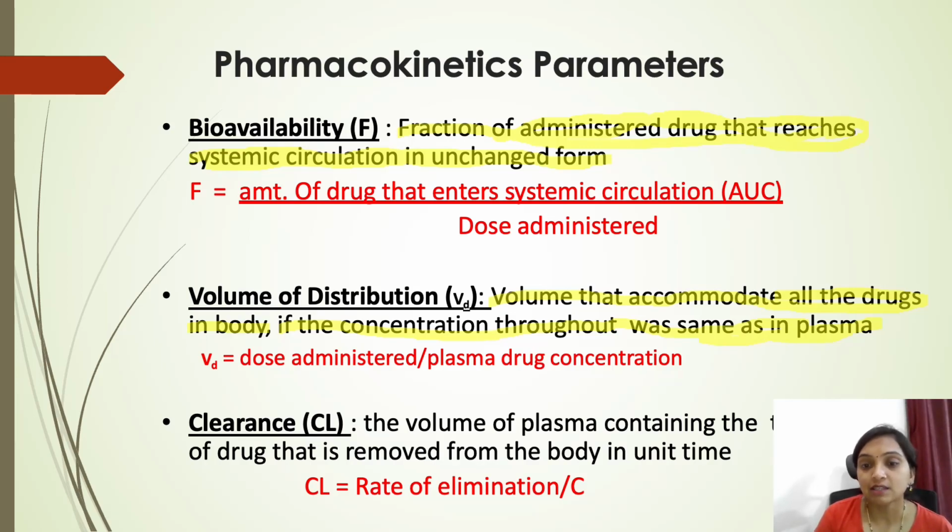Similarly, clearance is the volume of plasma which is cleared of drug, that is, in how much plasma the drug is cleared in unit time. So this will give you the clearance value. Clearance is given by rate of elimination divided by C, where C is nothing but plasma concentration.